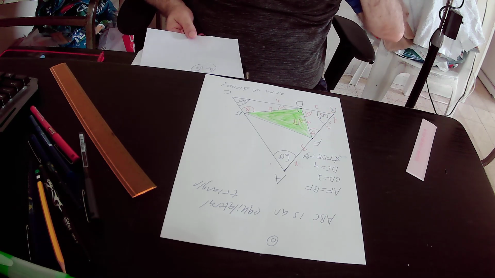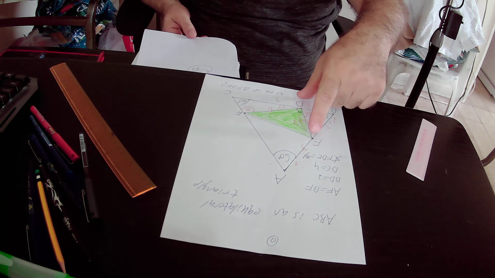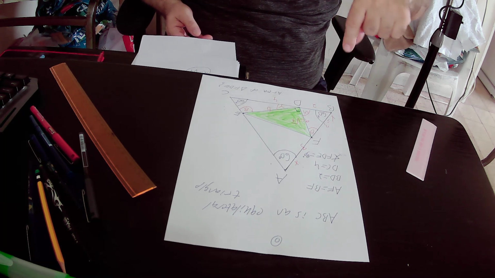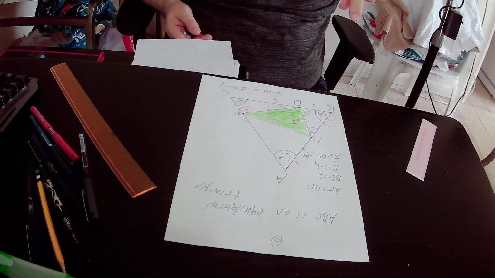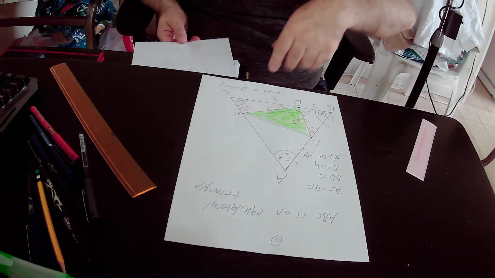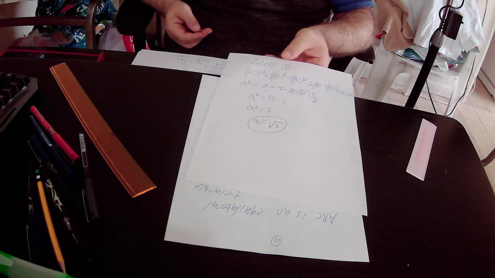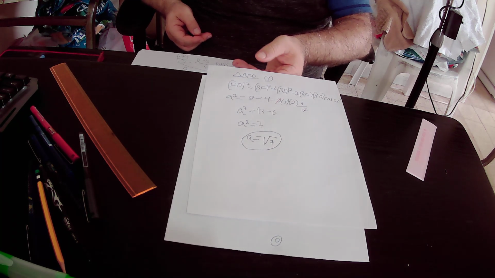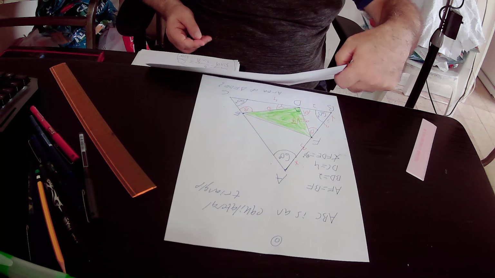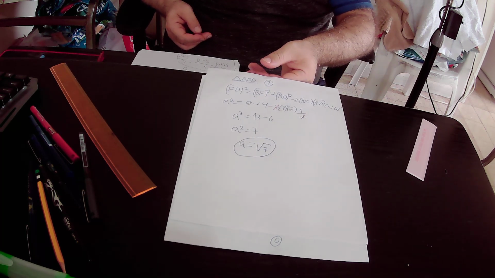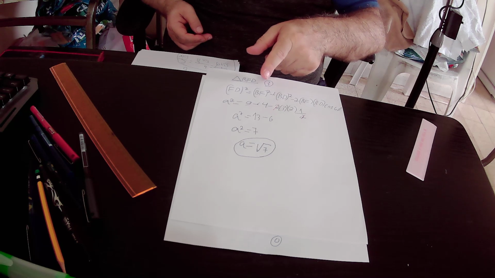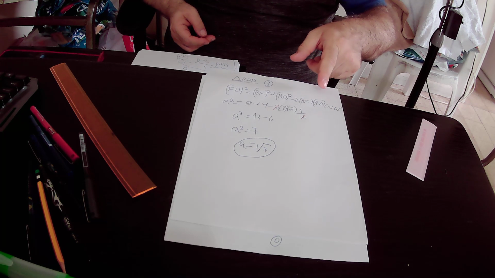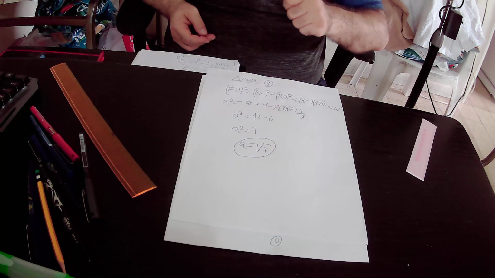According to the law of cosines, FD squared equals BF squared plus BD squared minus 2 times FB times BD times cosine 60 degrees.